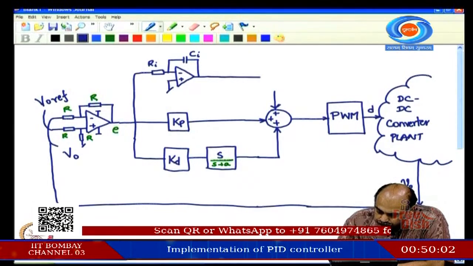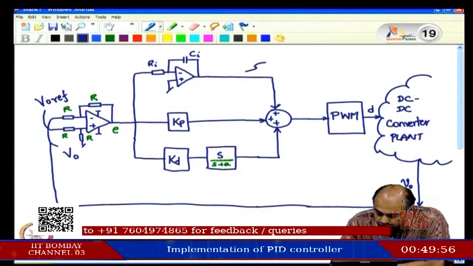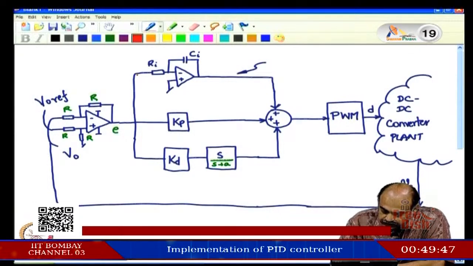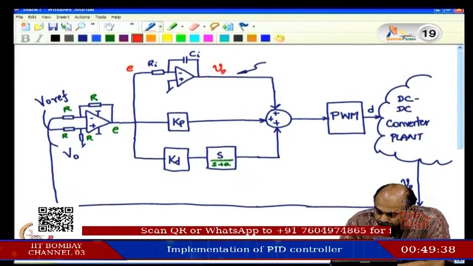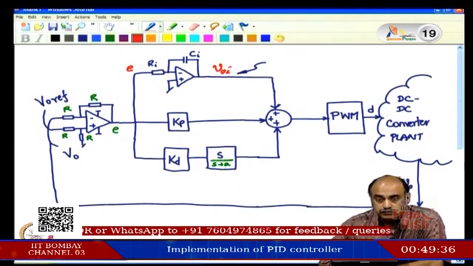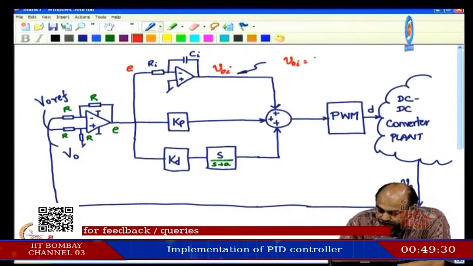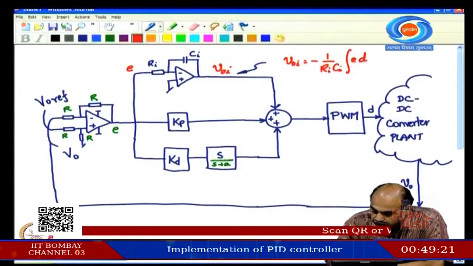So, we have it like this. What is the output here? You have E as the input here, and let me call the output of the integrator V naught I. So, V naught I is, now there is an inversion, we will keep it as minus 1 by R I C I integral of E dt.